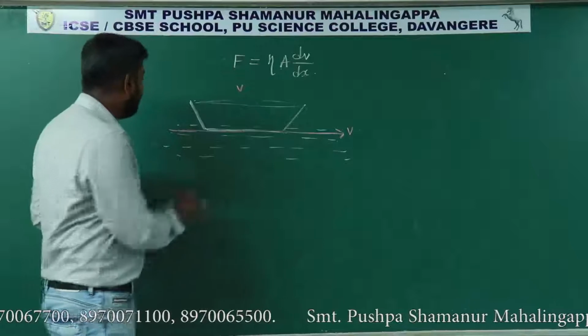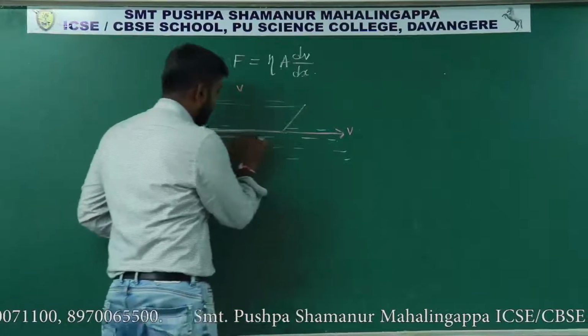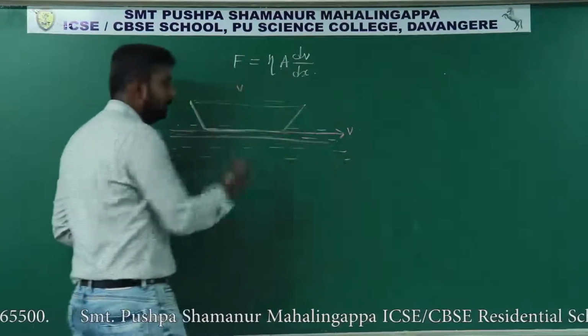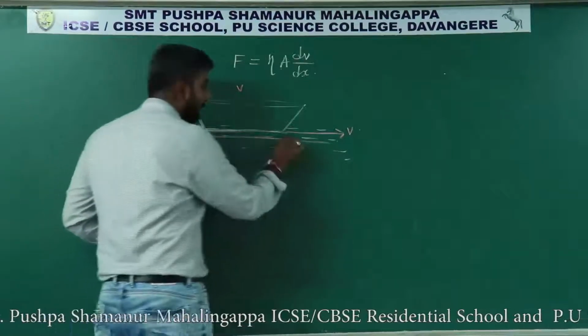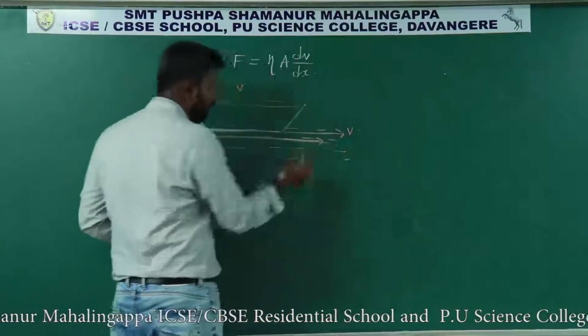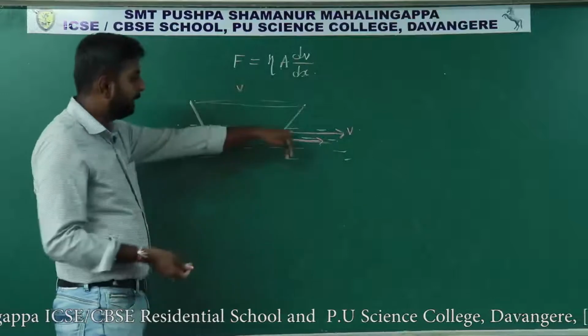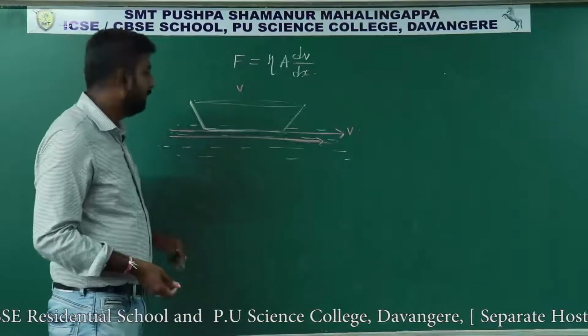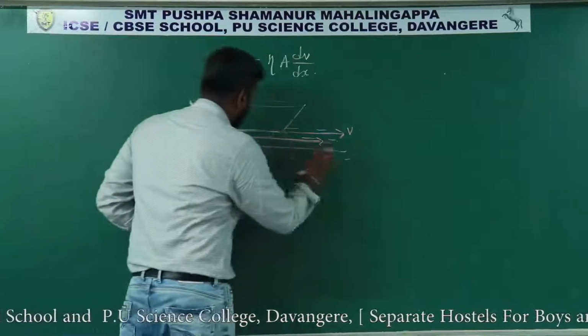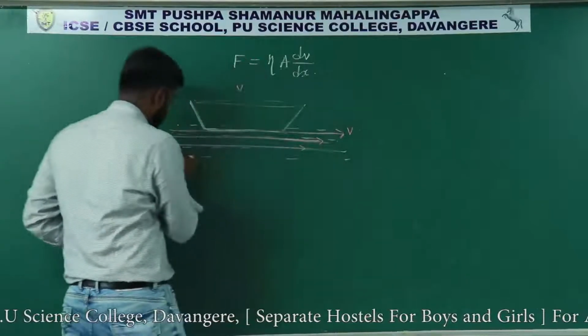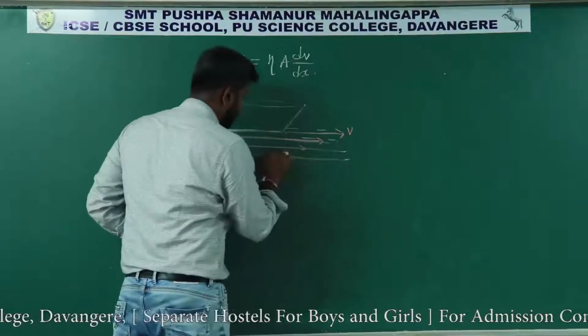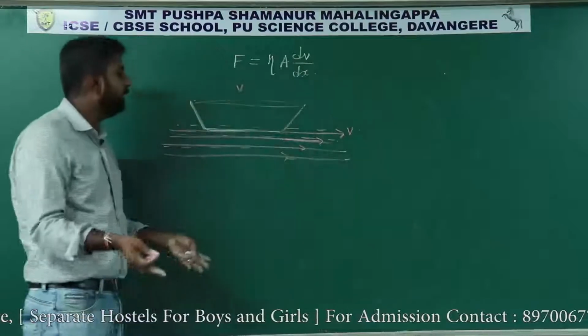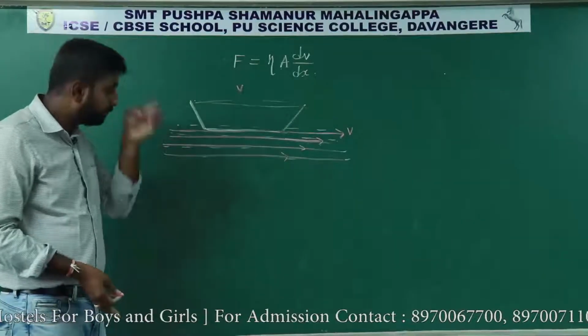And what about the next layer? This layer is far from the boat, right? Hence this layer will move with a little less velocity compared to the layer above. Similarly, as we go deeper, the velocity decreases. We studied this in the last class.